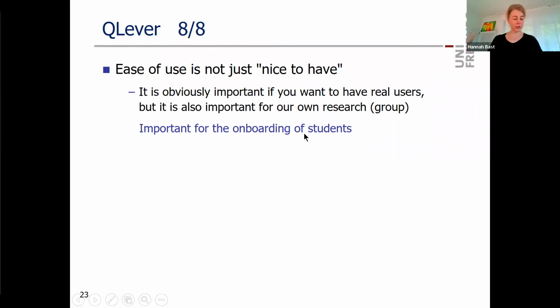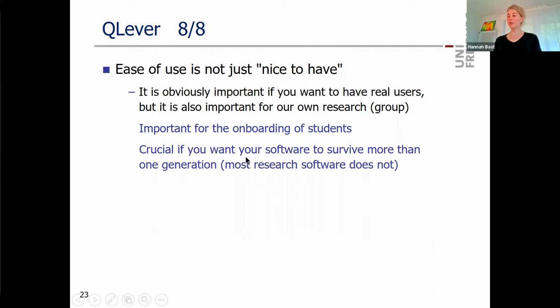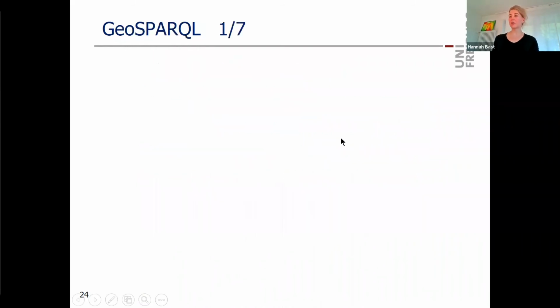Onboarding of students, you want students to do projects on this. If they first need like 2 weeks instructions, you have a problem, or a whole lecture. It's also absolutely crucial if you want your software to survive more than one generation of students. Yeah, your super smart PhD student goes away and then it's dead. That's not what you want here.